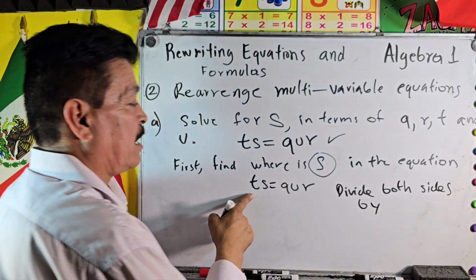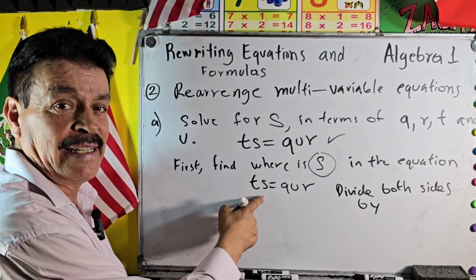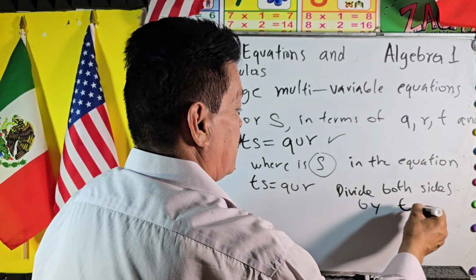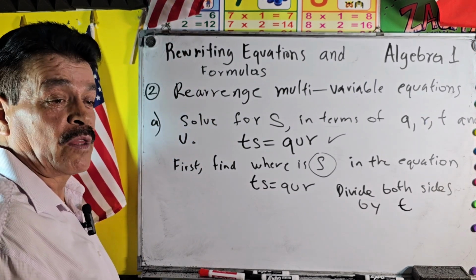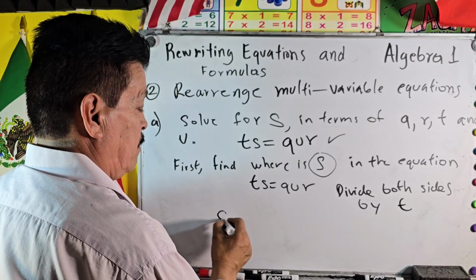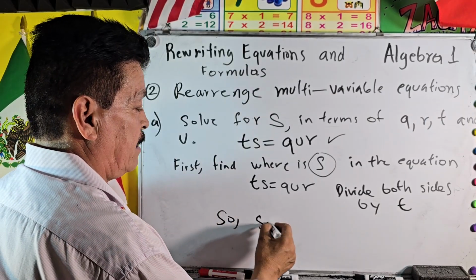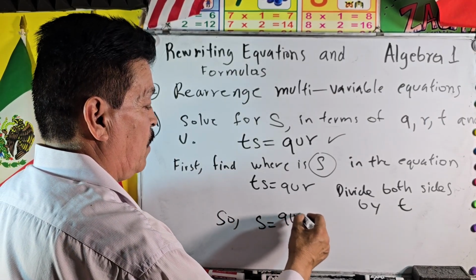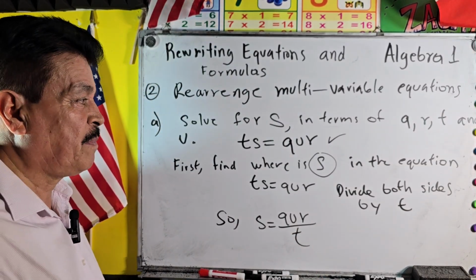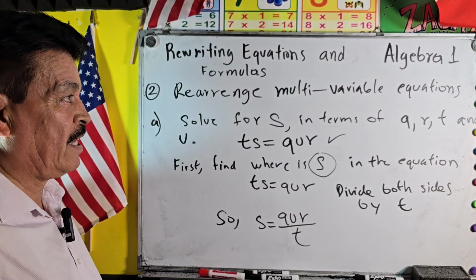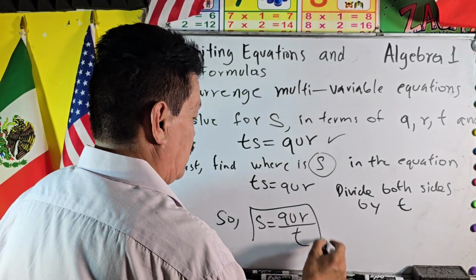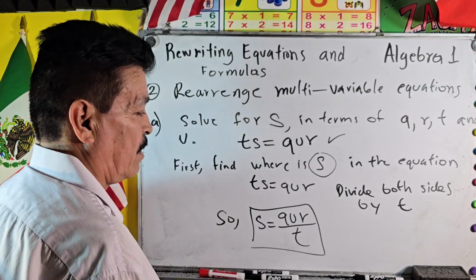In this case, we need to leave alone the variable s, and then we have to divide by T. You do that, so we will have s equals QUR divided by T. So that's it. It is very simple. Our class today is very easy algebra, okay? So this is the solution. This is the answer to our question.